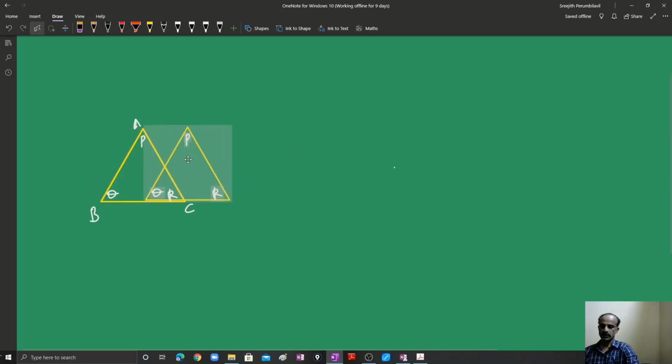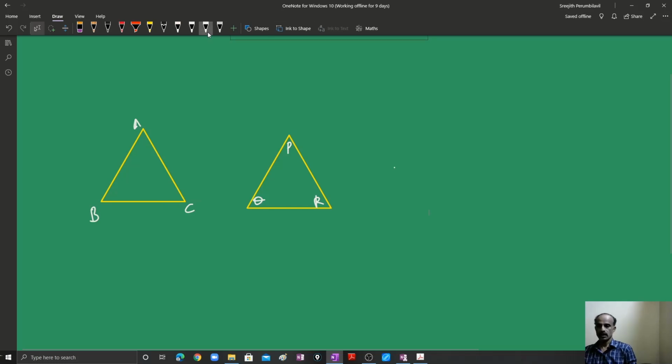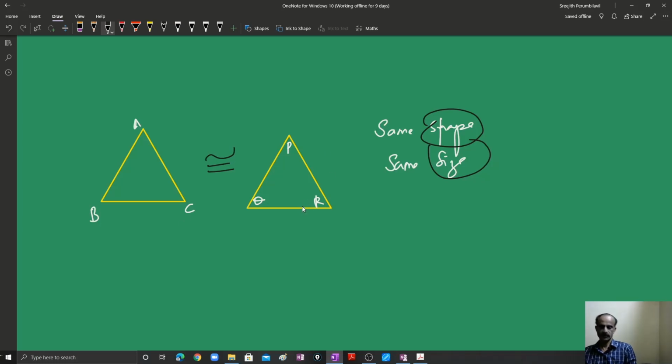That means triangle ABC and triangle PQR are two triangles with the same shape as well as the same size. So there are two things which are common: they have the same shape and they have the same size. We say that triangle ABC is congruent to triangle PQR.